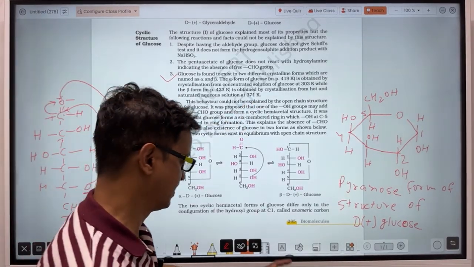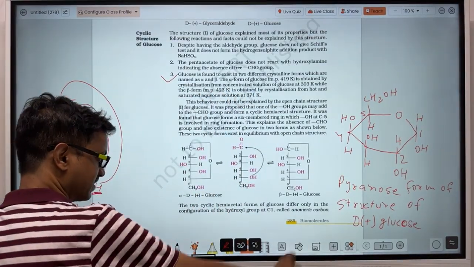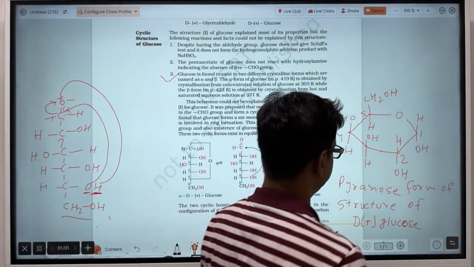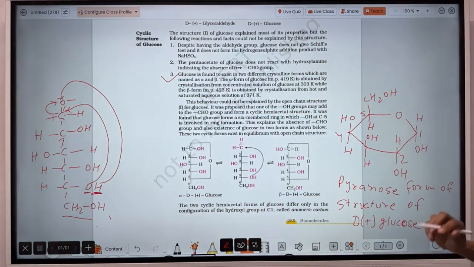Alpha glucose and beta glucose here. So how to draw this one here? That is indicated by, that means the glucose will be alpha or beta.